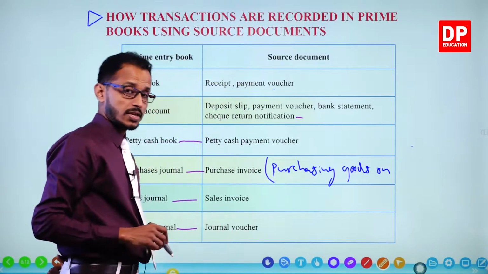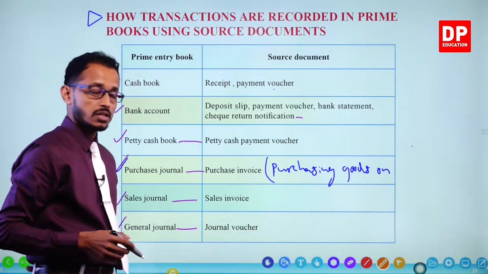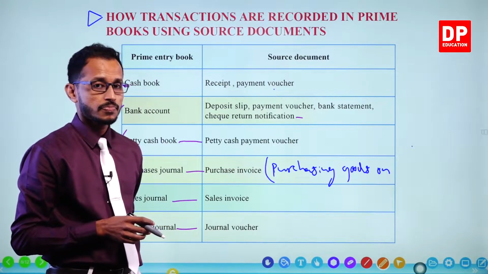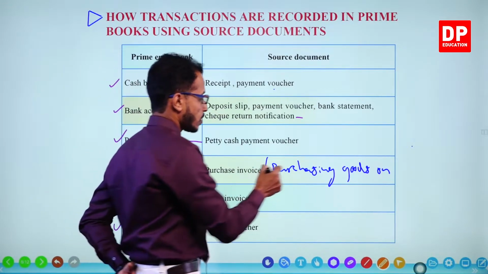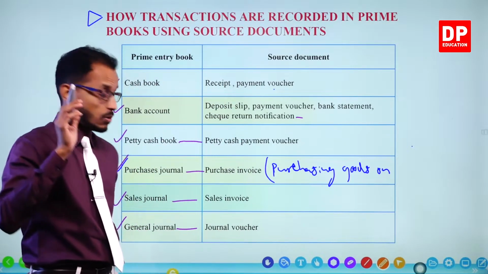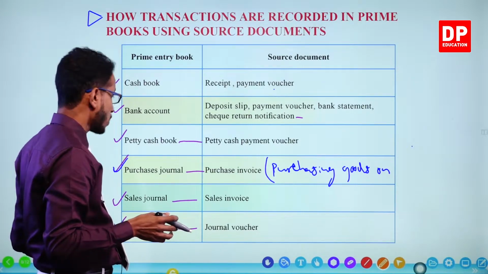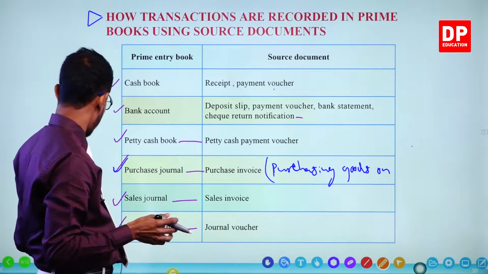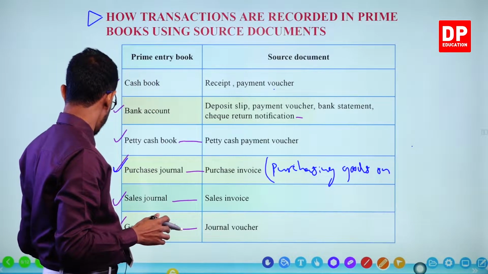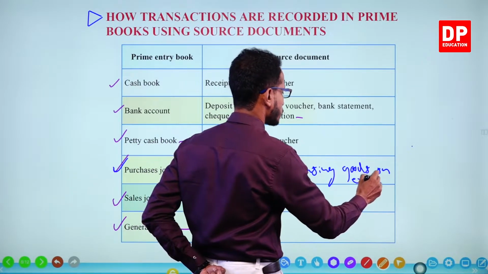You remember when we learnt about the purchases journal, children, I told you what transactions are recorded in it. Purchasing of goods on credit.